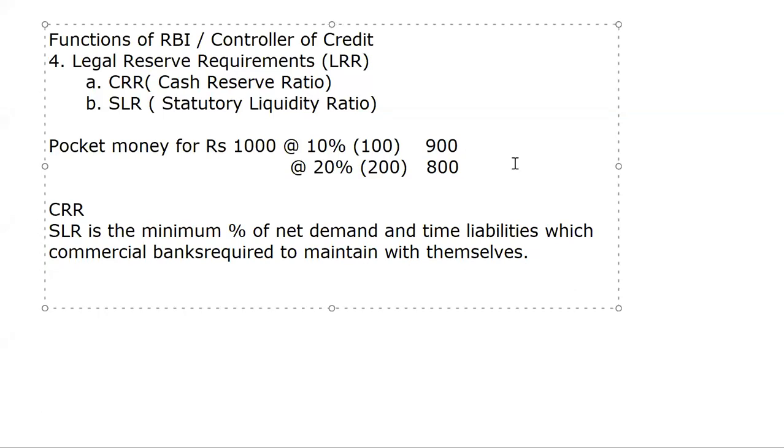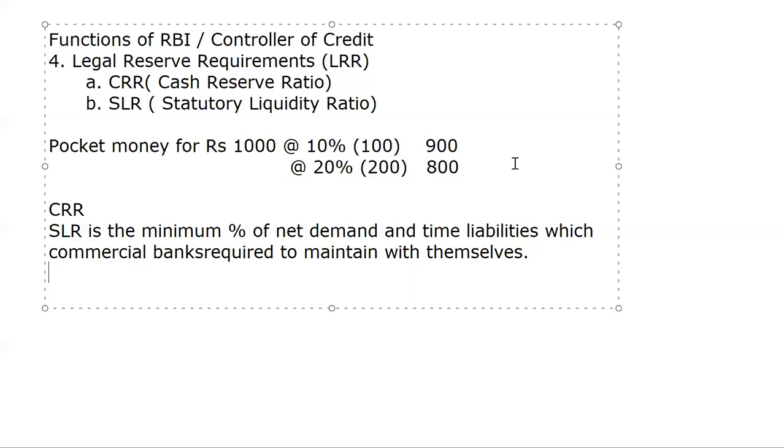It may be in the form of liquid assets, in the form of excess reserves, unencumbered government and other approved securities, or current account balances with other banks. So obviously, a change in the SLR affects the freedom of the banks to sell government securities or borrow against them from the central bank.